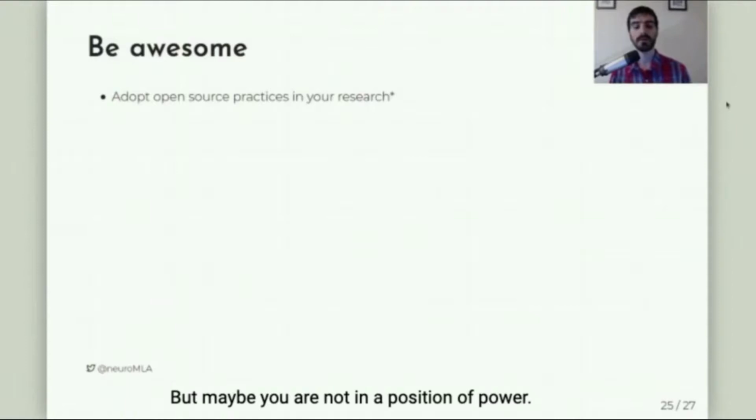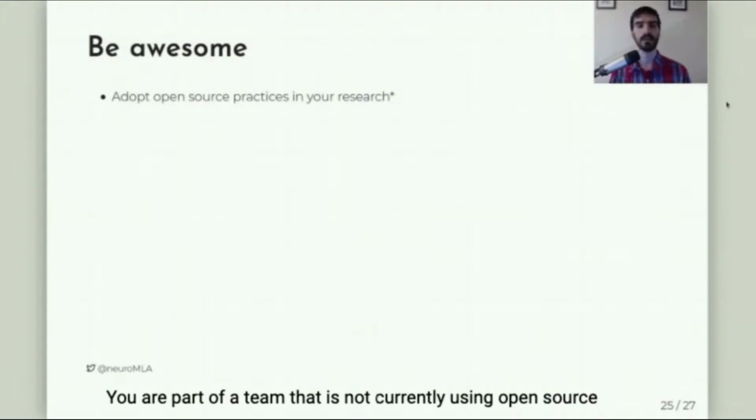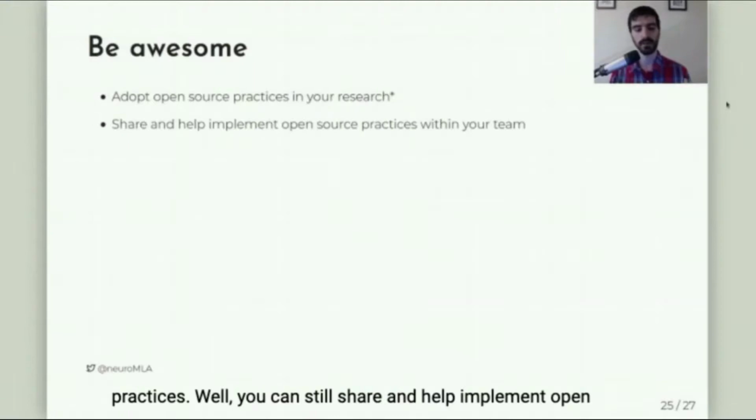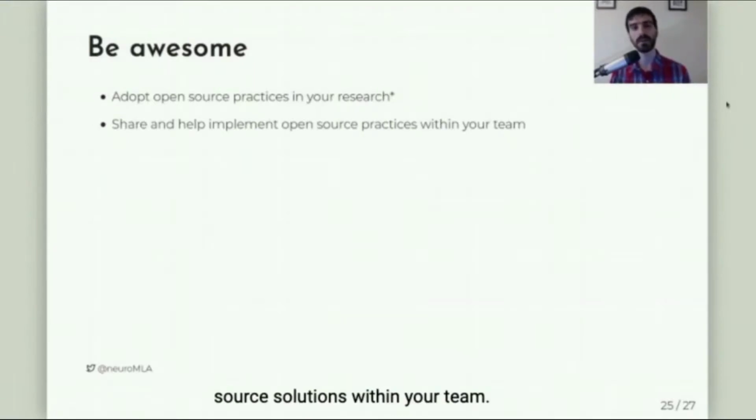But maybe you are not in a position of power. So you're part of a team that is not currently using open source practices. Well, you can still share and help implement open source solutions within your team.